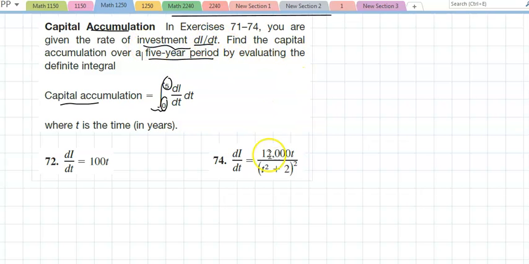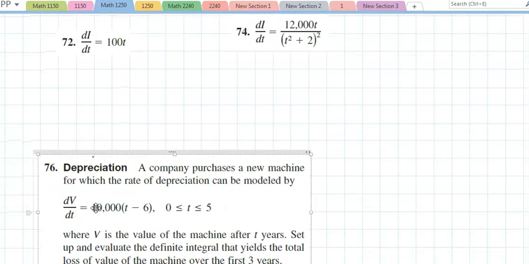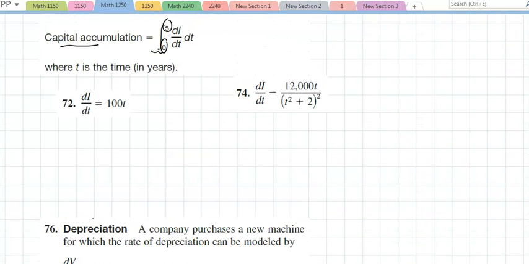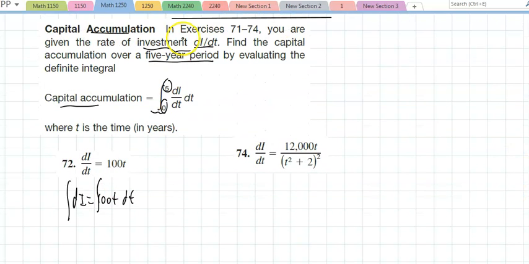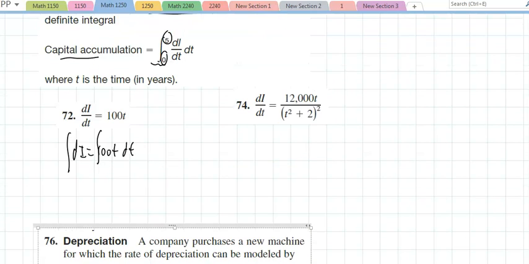On number 72, and this is actually how things work. This is how they determine how much is in each account after a given value. So here, I'm showing you this so you kind of connect the dots: if I integrate, that would be the actual investment. But I don't want the investment. I want the change in investment over 5 years.